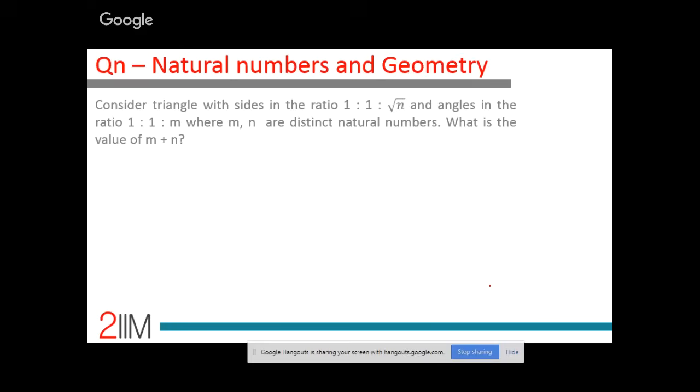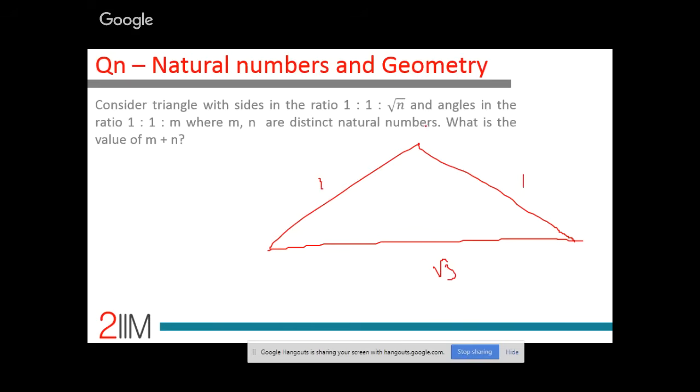And then say, look, I'm going to find some way of finding this angle. Use some trigonometry.